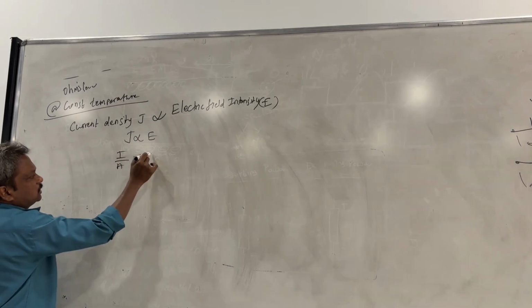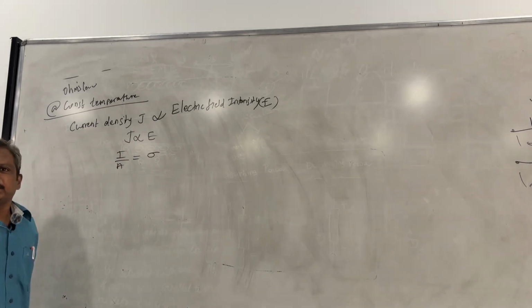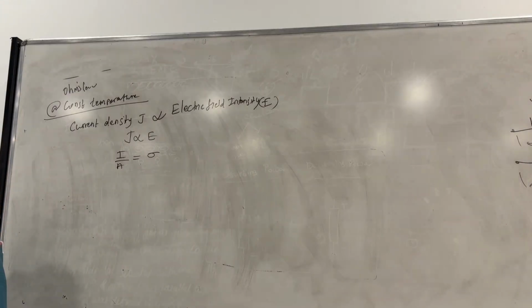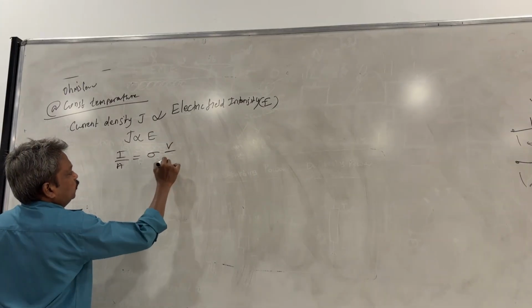The proportionality constant is conductivity, sigma. And the electric field intensity means voltage per unit length.